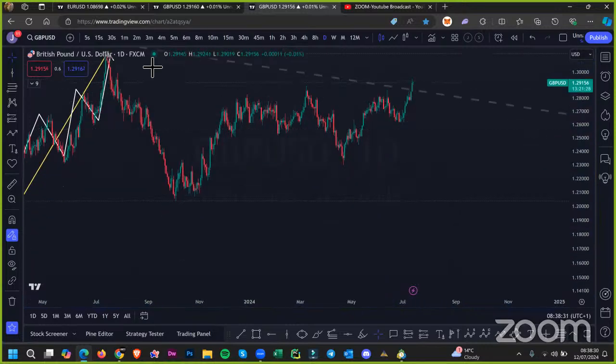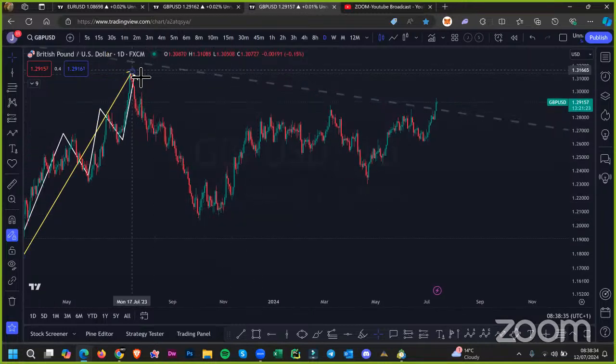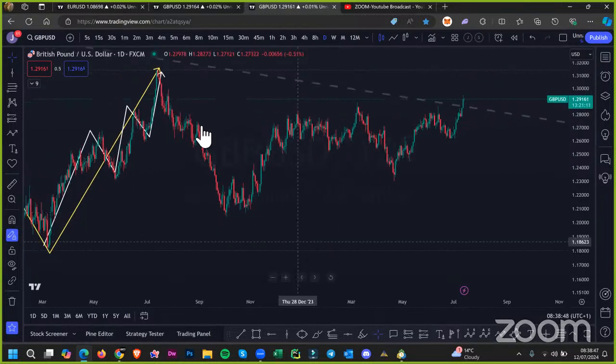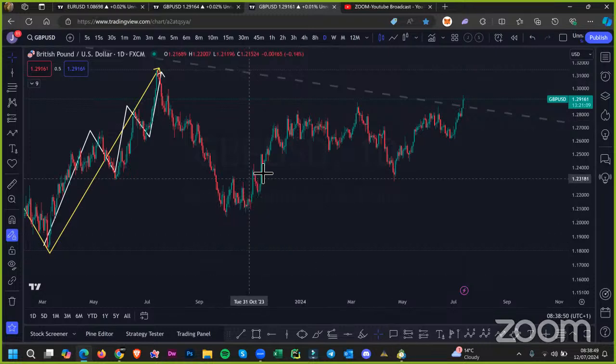Now we can draw some additional trend lines in here to understand what this market's been doing. Have a look. It came down here and it broke the structure in here. And then it pushed back up in here with bullish energy, making higher highs, higher lows, higher highs, higher lows. Okay. So within this push here, we can see the market making higher highs, higher lows, higher highs, higher lows, higher highs.